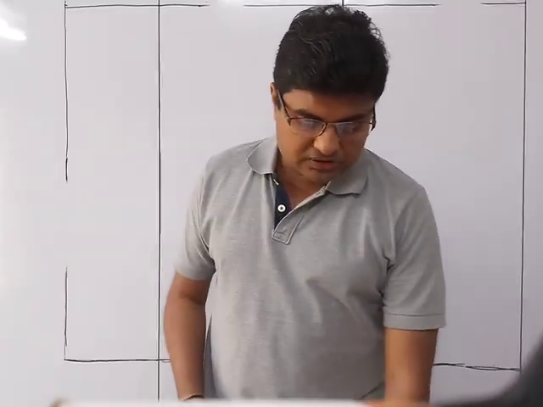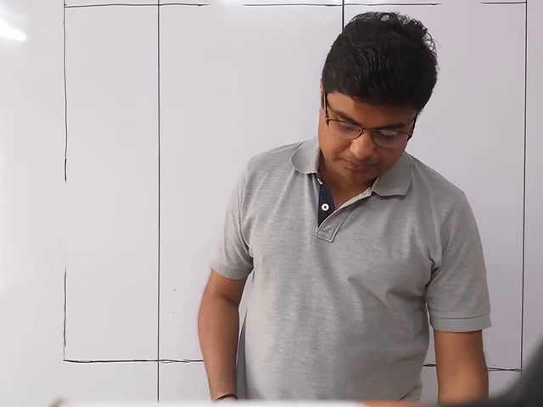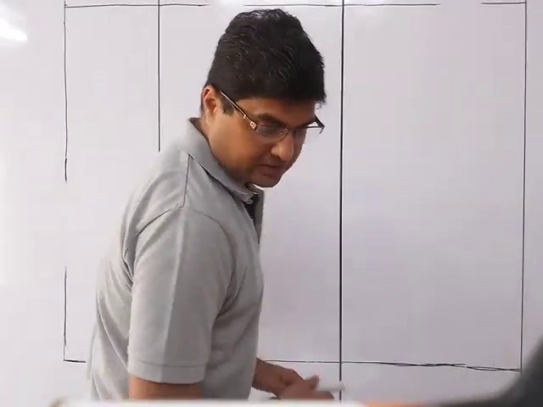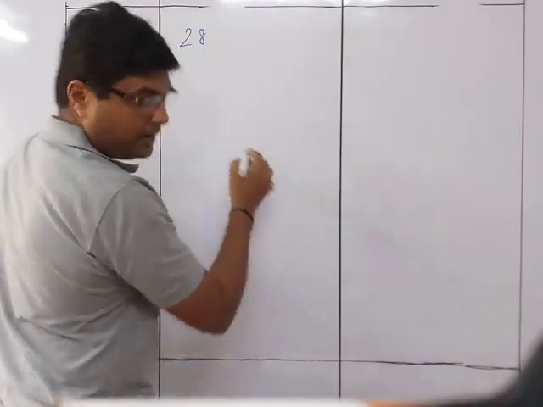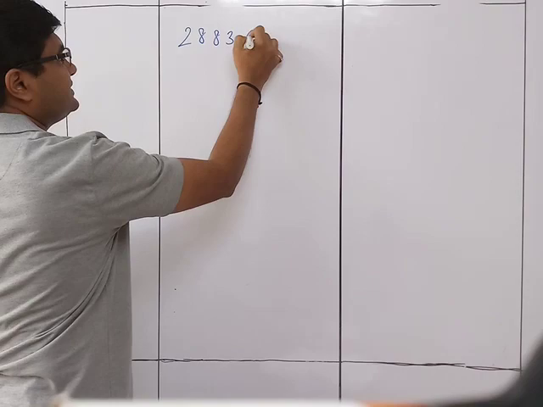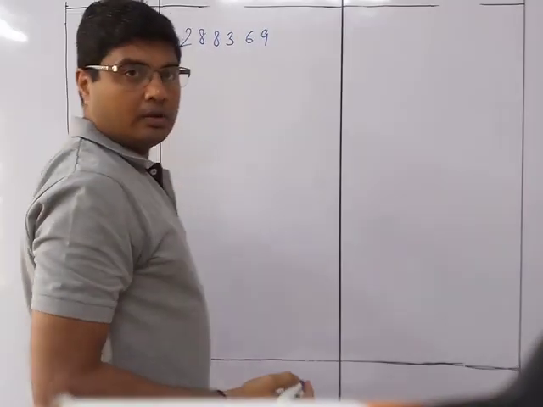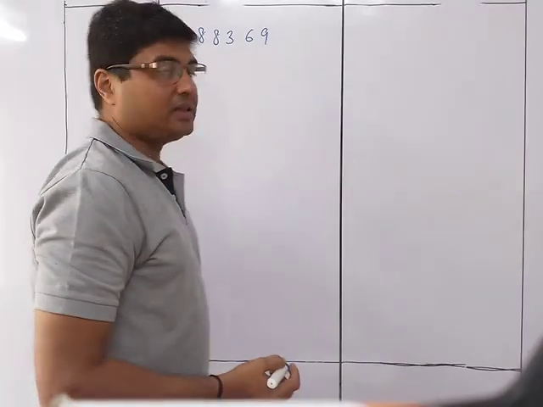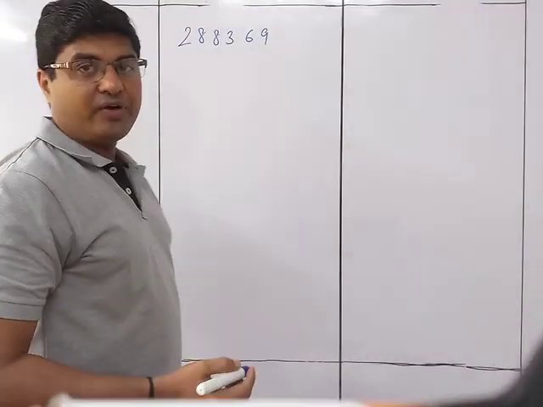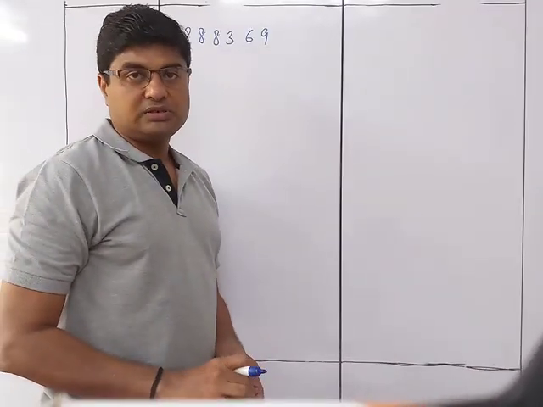The method goes this way: you first write the number. Let's take a particular number, 288369. I want to find the square root of this.